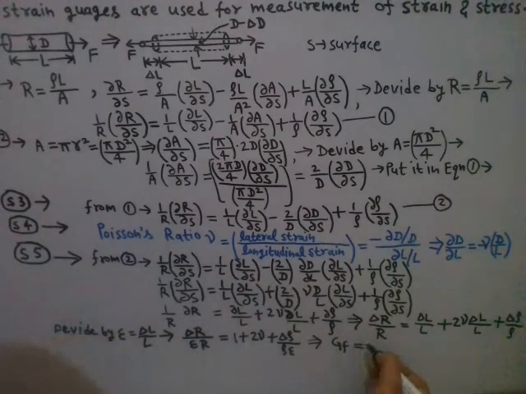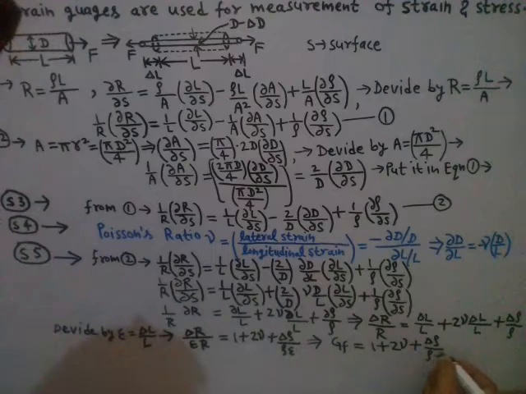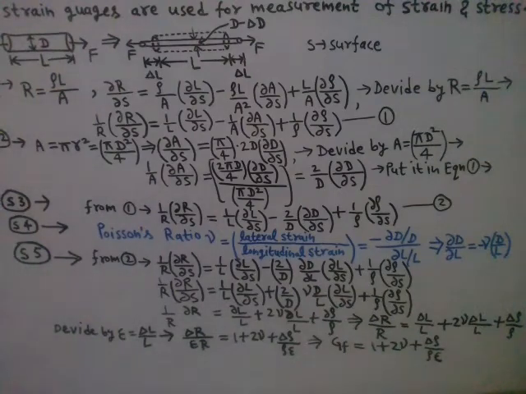I am simply denoting this del R by R into epsilon by another letter G suffix f, which is known as gauge factor GF. Gauge factor GF is equal to 1 plus 2 into Poisson's ratio plus delta rho divided by rho into epsilon, right?